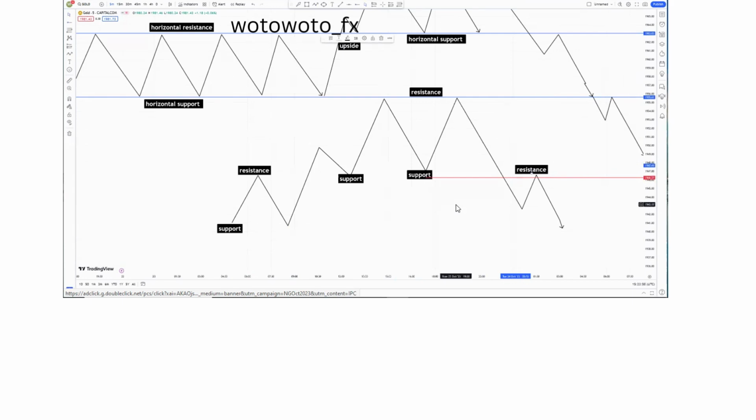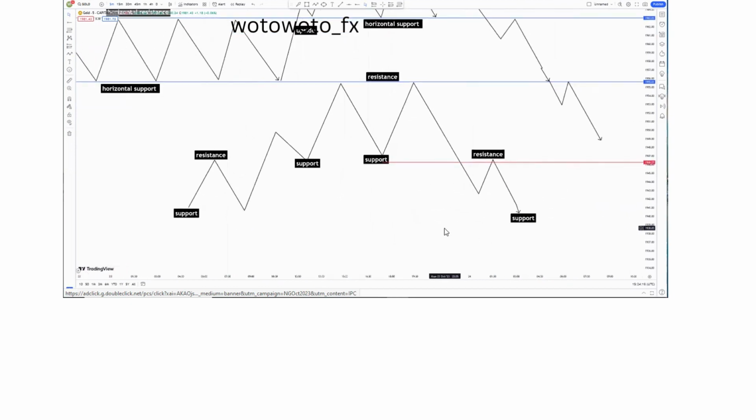As it's tapping here as a new resistance level, the next thing you have to note is that a new support is where the price is heading to tap on before it starts going to the upside. If you can identify this on your charts, then you are good to go in understanding what resistance and support levels mean.